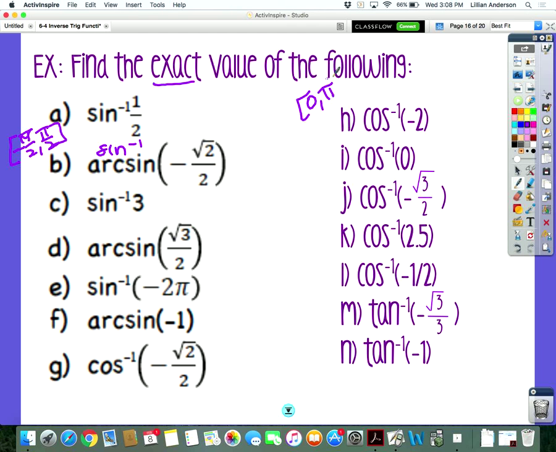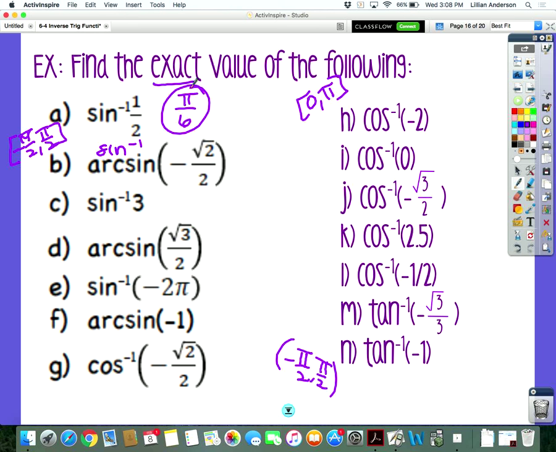And tangent is bounded between the same values as sine, but they're not included. So from negative pi over 2 to pi over 2, where is sine 1/2? Pi over 6. So the exact value of this one is pi over 6. That's all you do, but remember these restrictions.